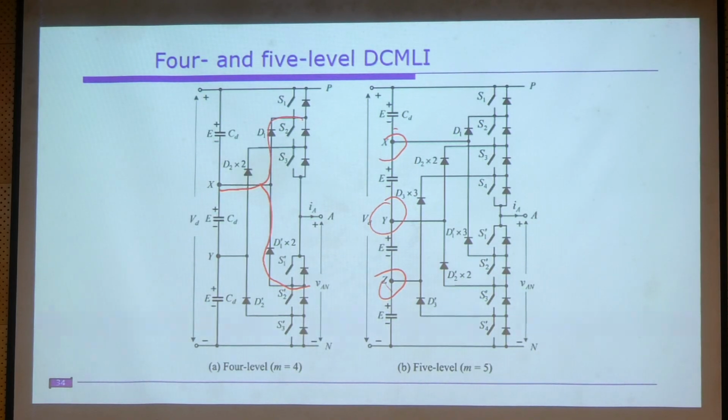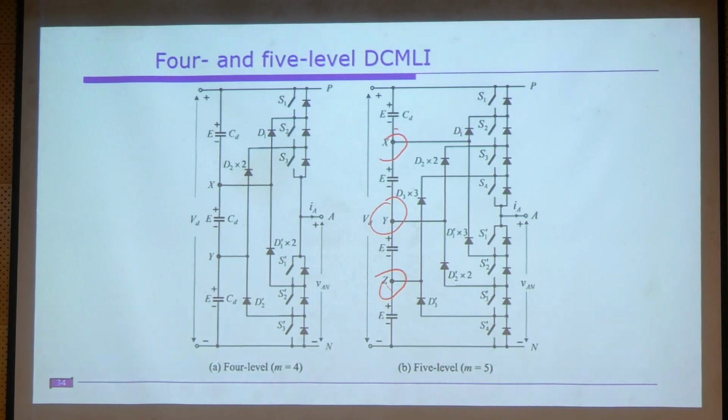Understood? And another thing: if you see this one, this is slightly different, D1 dash into 2. Here there is an asymmetry, especially in the clamping or device rating. For example, this D1 device is connected between this point and this point, between these two red lines.